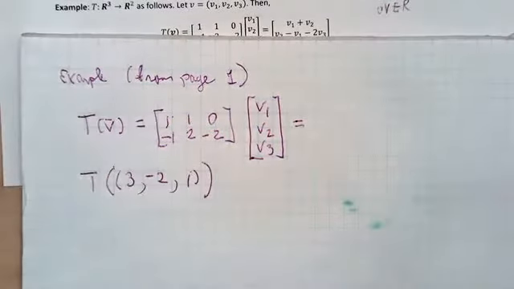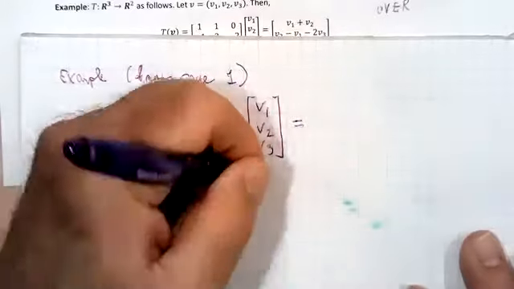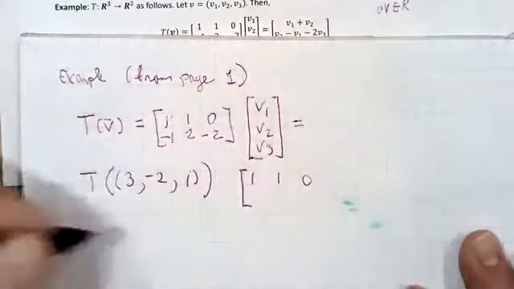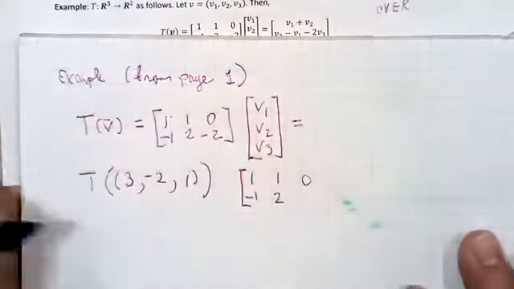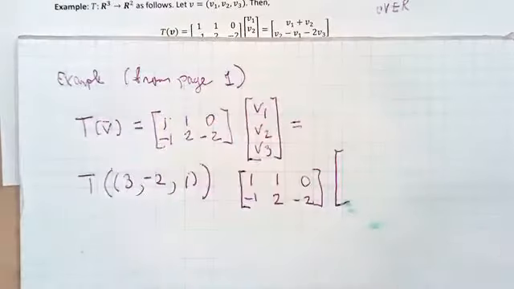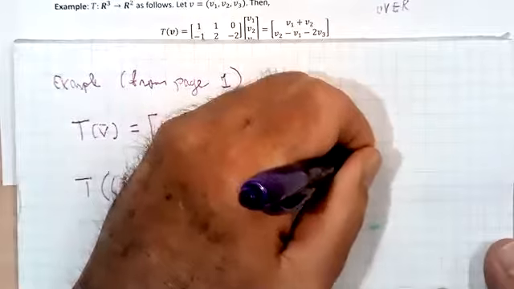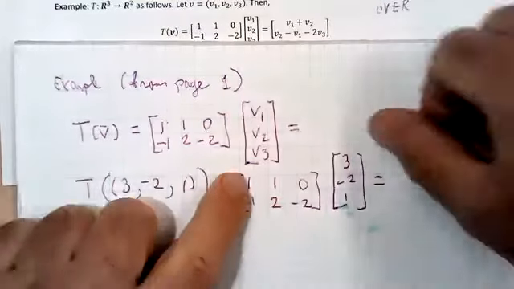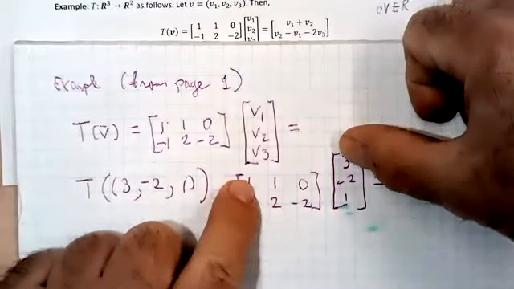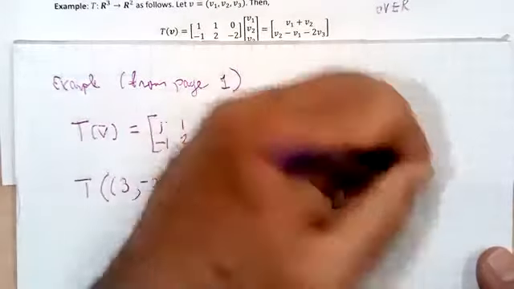If I wanted to do this, I would say, well, I need my transformation matrix 1, 1, 0, minus 1, 2, minus 2. I multiply that, and now I do want to write it as a column vector, 3, minus 2, 1. And what's going to happen? I'll have 3 minus 2 is 1 plus 0.